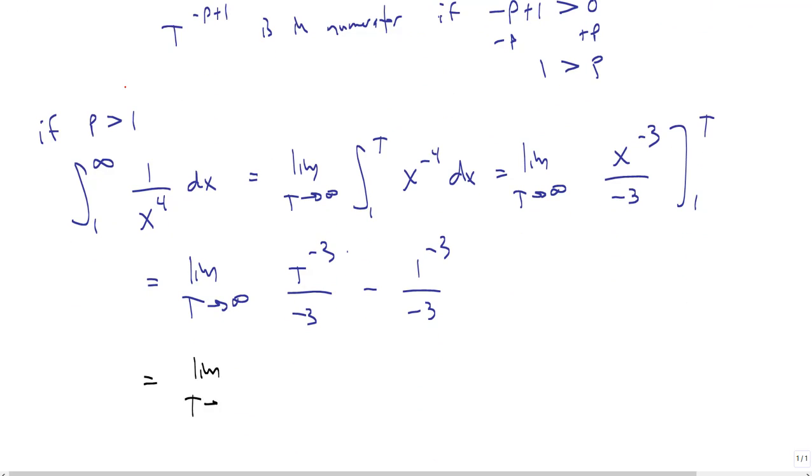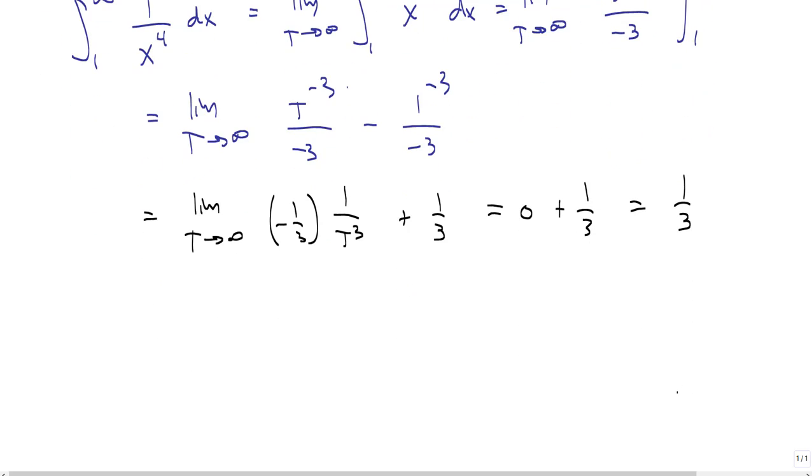The limit as t goes to infinity is negative 1/3 times 1 over t cubed, and the negatives cancel out the 1 to the negative 3, plus 1/3. Now, as t goes to infinity, t cubed goes to infinity, and 1 over something going to infinity goes to 0. And so the whole thing is 1/3.